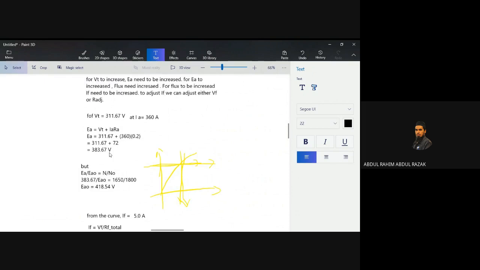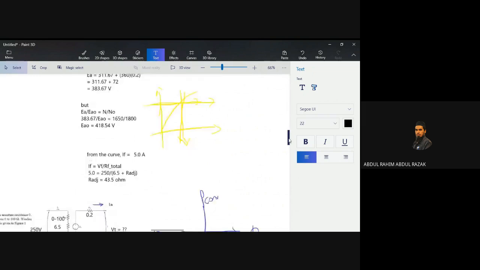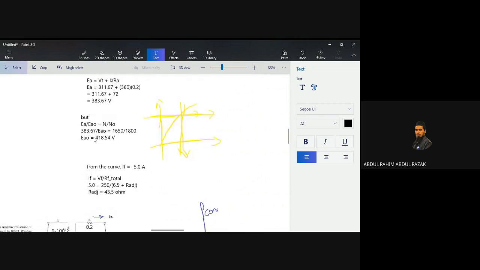But to get that, you have to get the initial generated voltage of 418.5 volt, and from the curve, this internal generated voltage needs a 5.0 ampere of field current. So to get this 5.0 ampere of field current, you have to adjust the adjustable resistor to 43.5 ohm. So that is your comment.